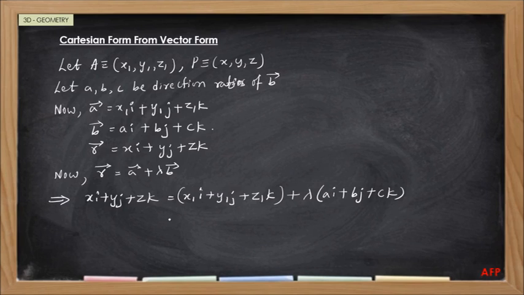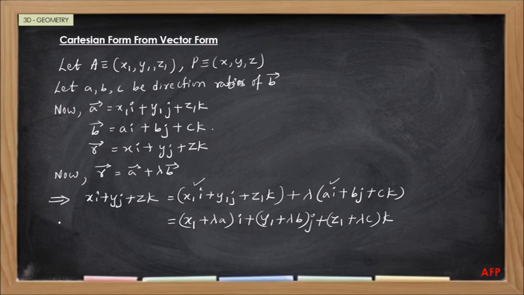Now we can write, the i terms are the same here. Multiply lambda inside: x1 plus lambda a into i, plus y1 plus lambda into b j, plus z1 plus lambda into c k.